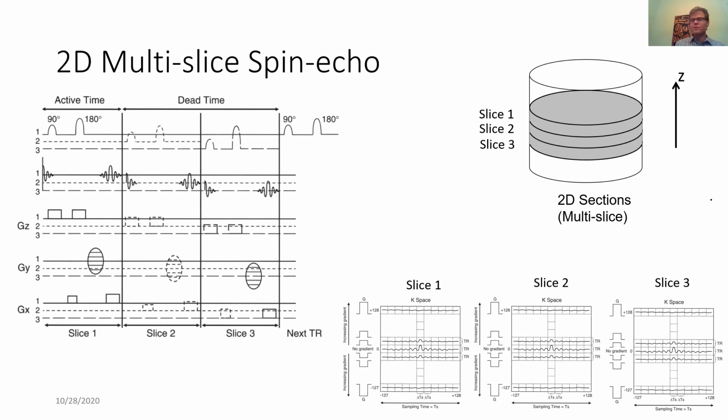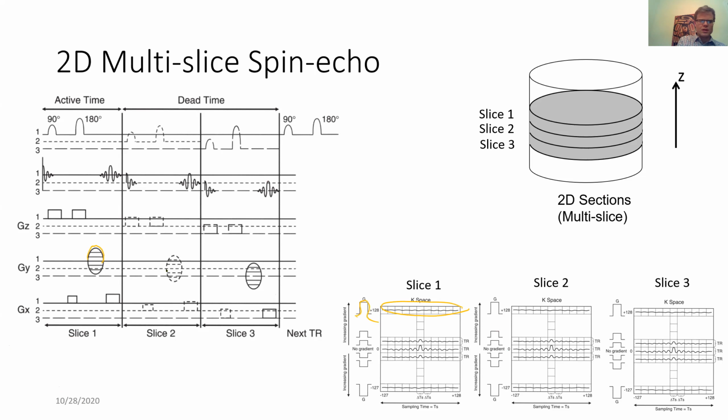Okay, and then this example is very similar to some of those in the lecture notes, where I'm just trying to make it clear when we're acquiring, say, slice 1. This is just a little extended example here for spin echo. So normally we would fill in the data for slice 1 with our certain phase encoding gradient step that we need.